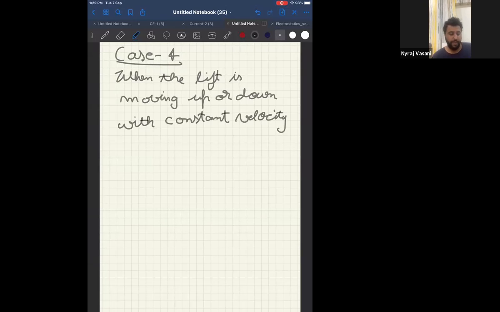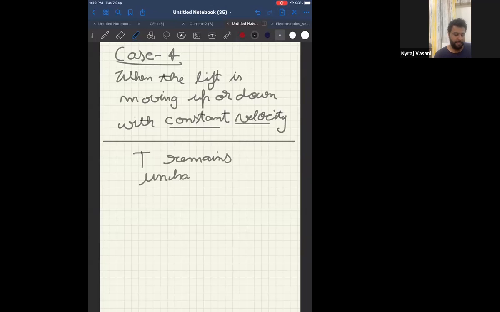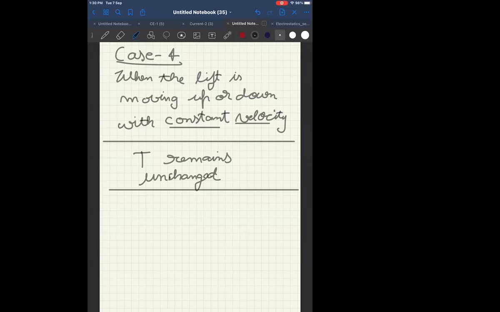When the lift is moving up or down with constant velocity. Remember, your case 1 and case 2 were constant acceleration. Just check. It was constant acceleration. Now it is constant velocity. In this case, T remains unchanged.